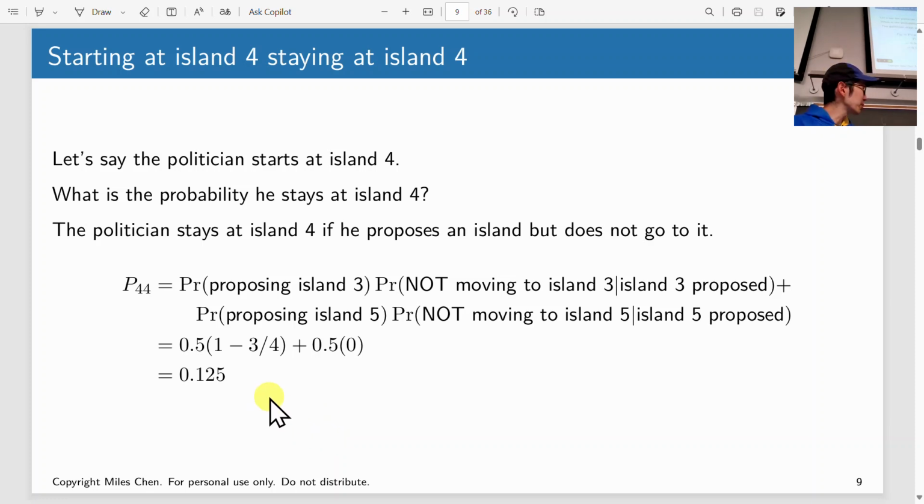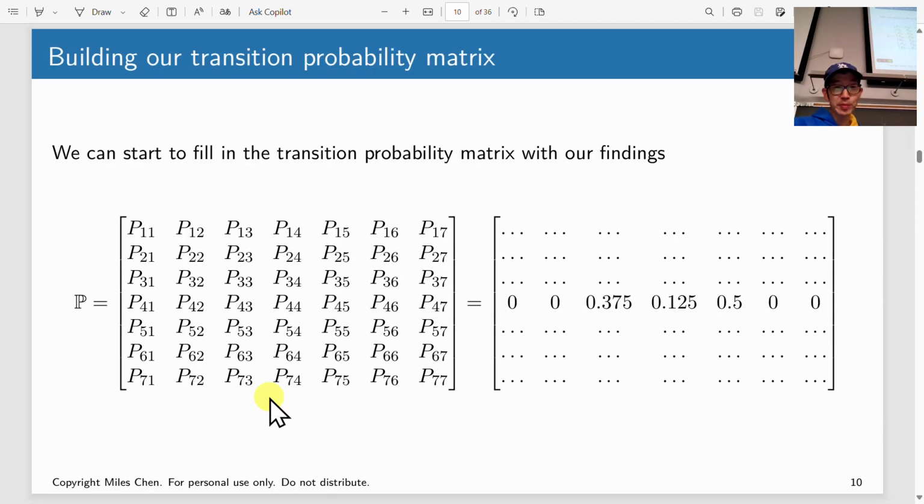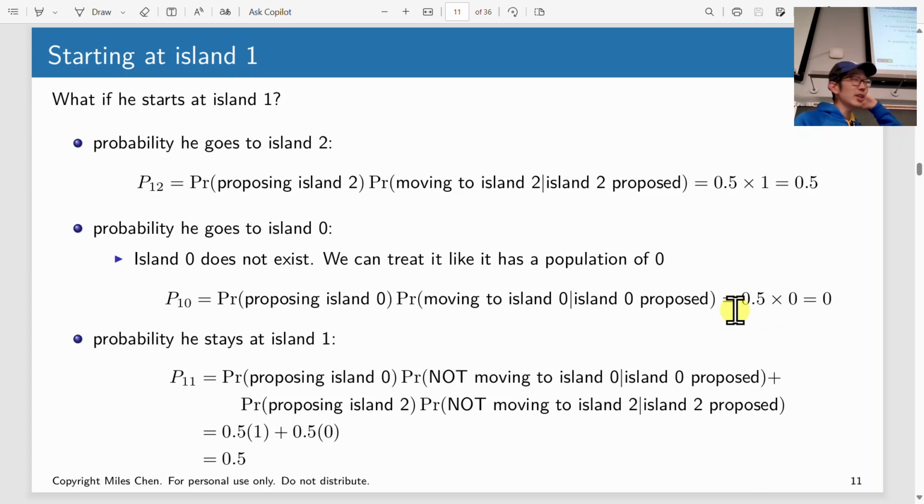Okay, so we have these numbers, and so I filled out this part of my transition probability matrix. Okay, so we can do this with any of the other islands. What if we start off at island 1?